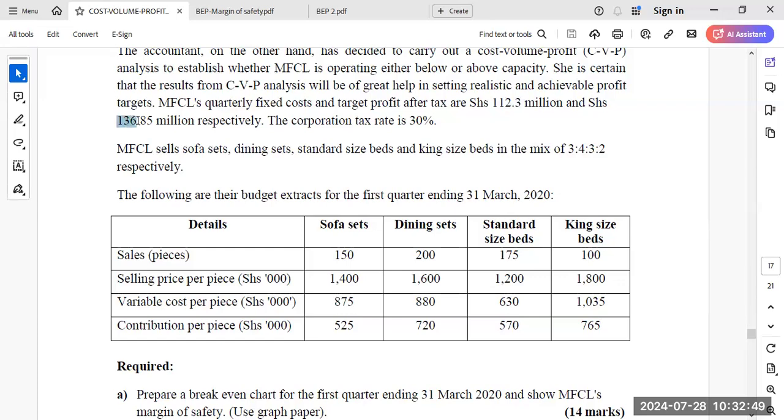Then profit after tax, this one. Okay. Then we are given this information. If you have contribution, start from contribution. You don't need to draft everything again. So we are going to make our table.